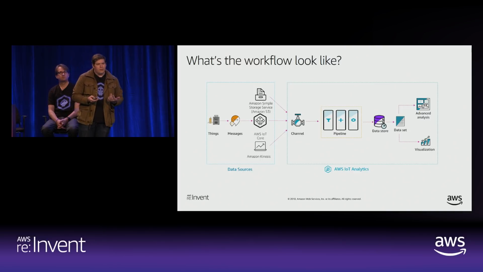In the pipeline, you'll be able to transform, enrich, and filter the messages that you're sending to the service. The processed data will make its way to a processed data store. On top of this, you can query to create data sets. These data sets can be specific by asset, a region, a time period, whatever you're looking for. These data sets can then be used to go into visualization tools, or you can do advanced analysis on top of them.